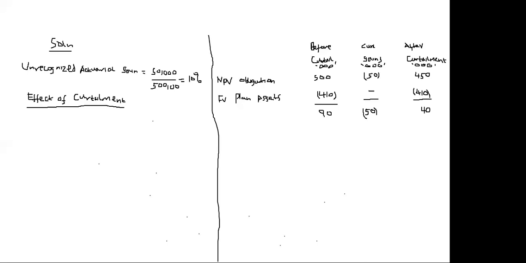Then we move to the unrecognized actuarial gain. Unrecognized actuarial gain, which we have been given in the problem.